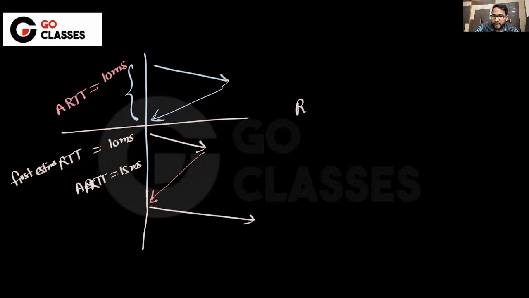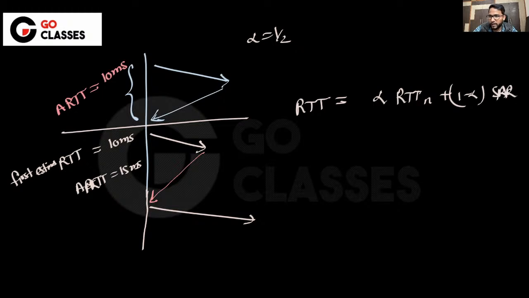So if you want to estimate again, you will say, let's suppose alpha is 1 by 2, then you will say alpha into RTT of n plus 1 minus alpha into sample RTT or actual RTT, whatever you want, actual RTT, ARTT. So you will say this is 1 by 2 into previous RTT, previous what you estimated is 10, plus 1 by 2 into previous actual RTT, 10.